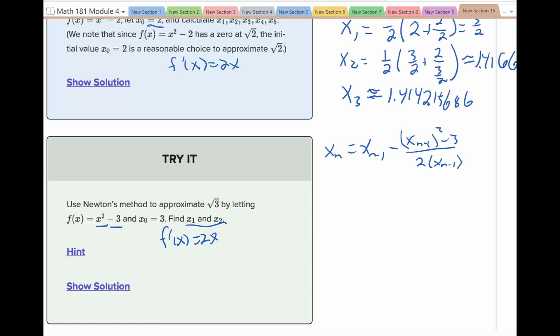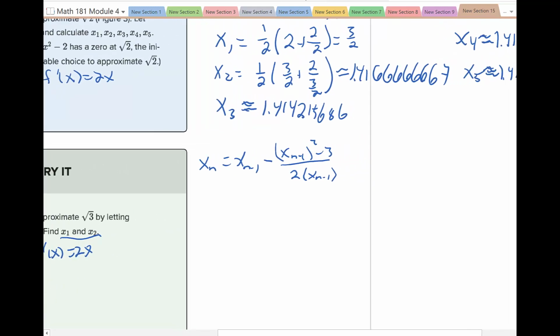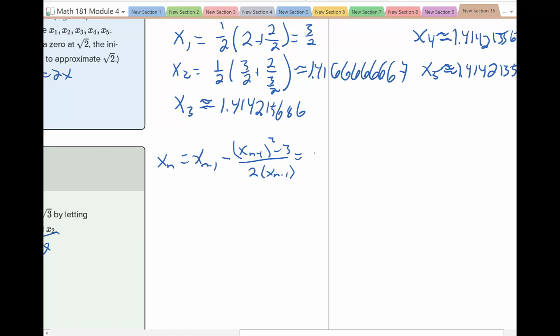Okay, so this could be simplified a little bit with the algebra, our friend the algebra. Again, x sub n minus 1 minus x sub n minus 1 over 2, if we divided the top and bottom of the first term, and then we'd have plus 3 over 2 x sub n minus 1.